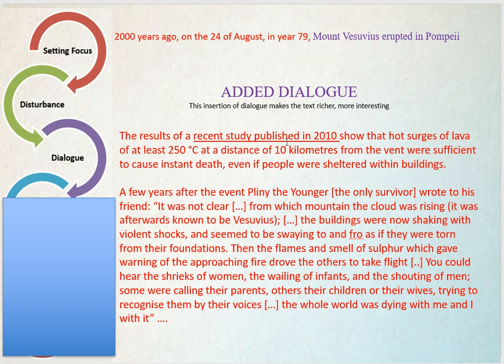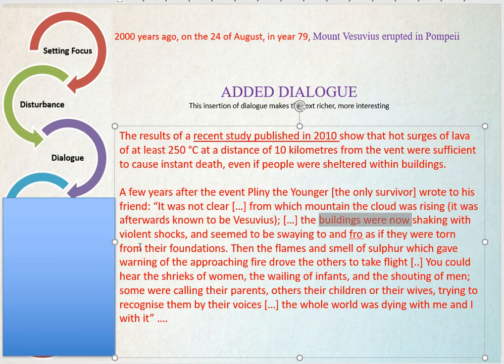So this is from a study, and let's listen to this one. A few years later, after the event, Pliny the Younger, the only survivor, wrote to his friend: it was not clear from which mountain the cloud was rising. The buildings were now shaking with violent shocks and seemed to be swaying to and fro as if they were torn from their foundations.